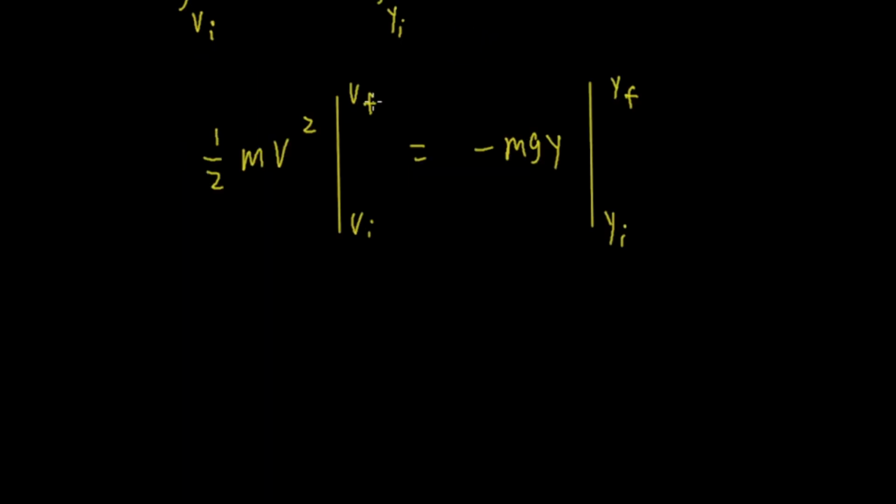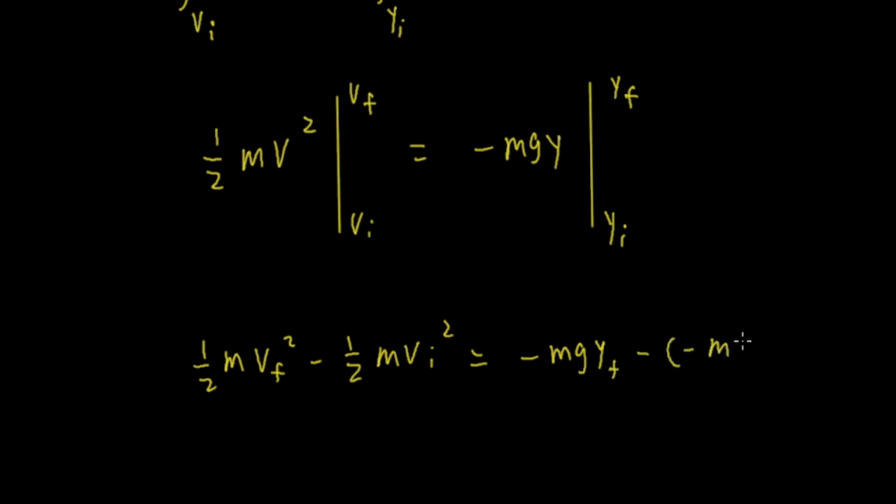Okay, let's put the limits into the integral. We have half m v final squared minus half m v initial squared equals negative mgy final minus negative mgy initial.